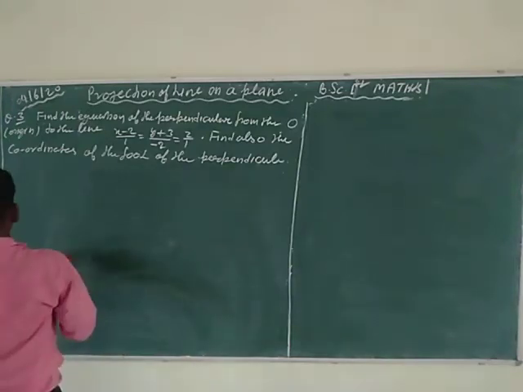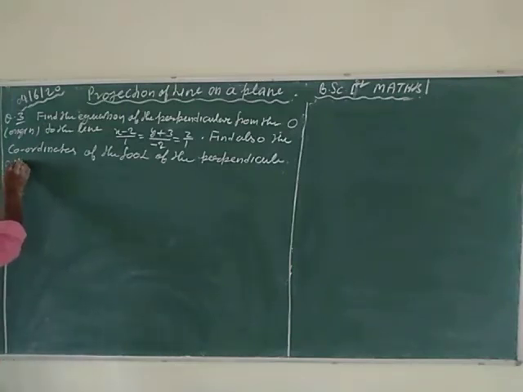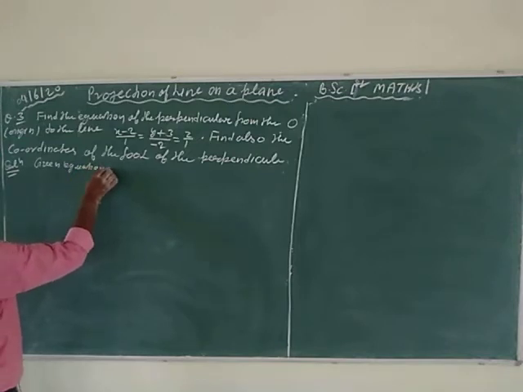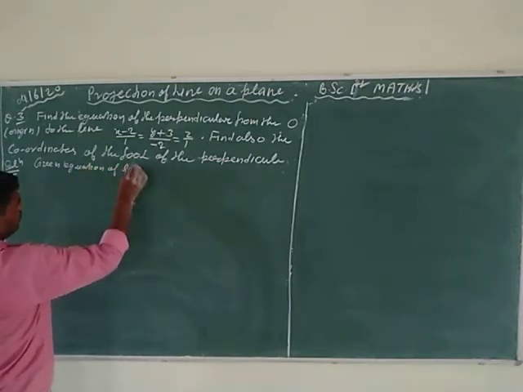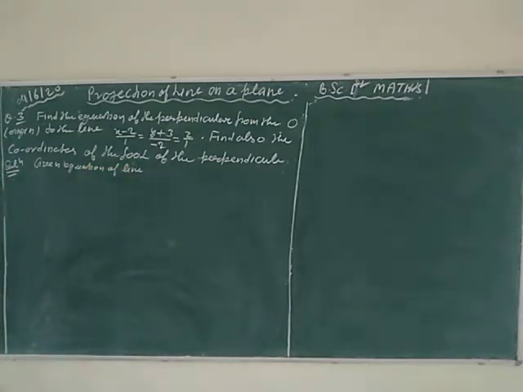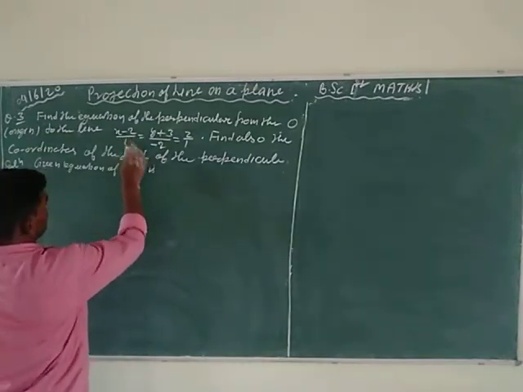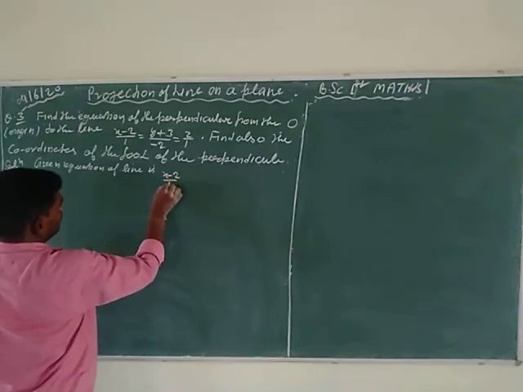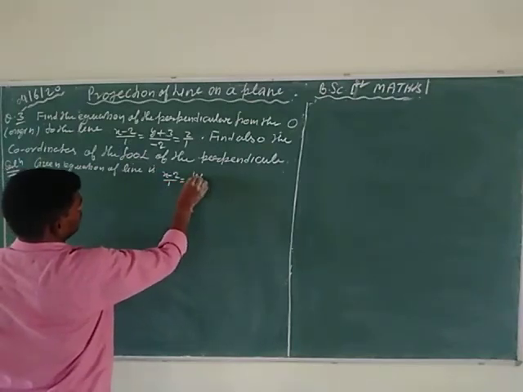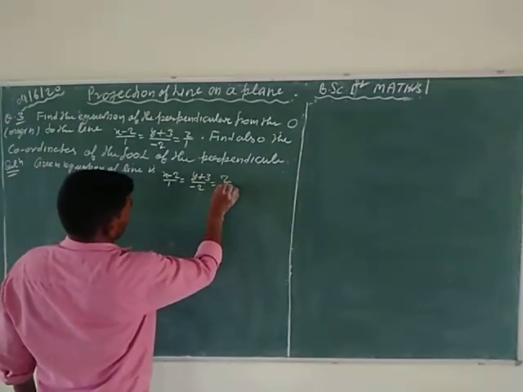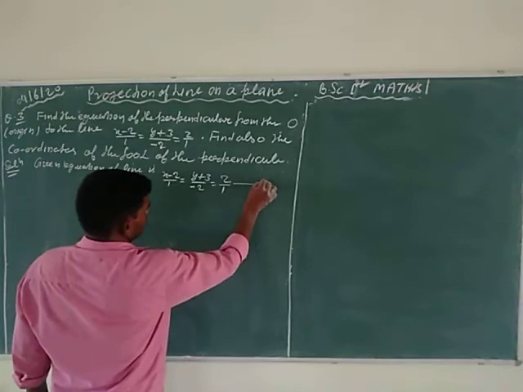So write in the solution. Given that the given equation of line is (x minus 2) by 1, (y plus 3) by minus 2 and z by 1, represented by first.